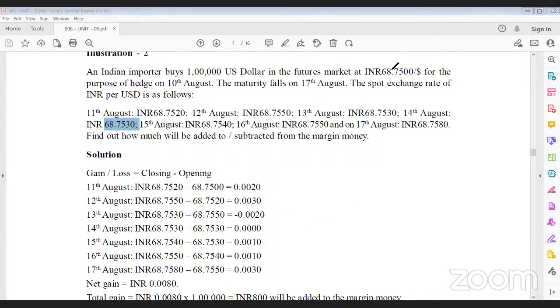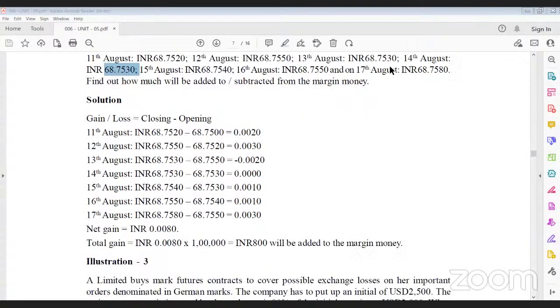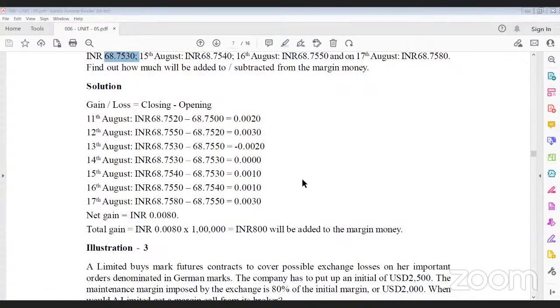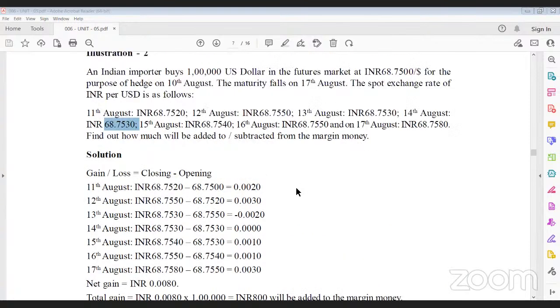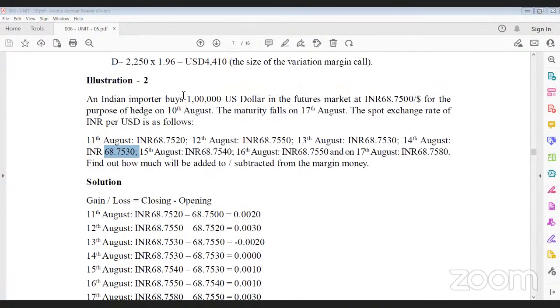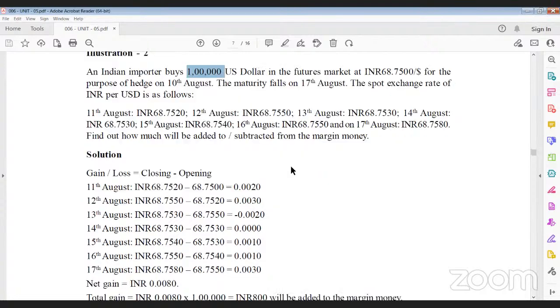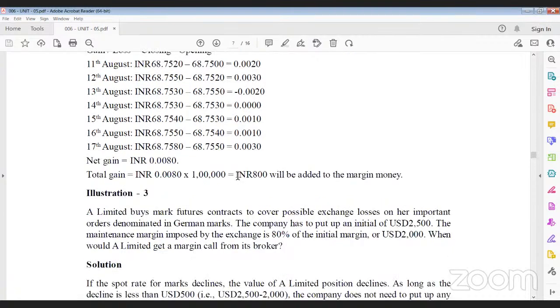So, here we go. Net gain, if you add up all, we have 0.0080. Now, this total gain is multiplied with the 1 lakh US dollar, which an Indian importer buys.